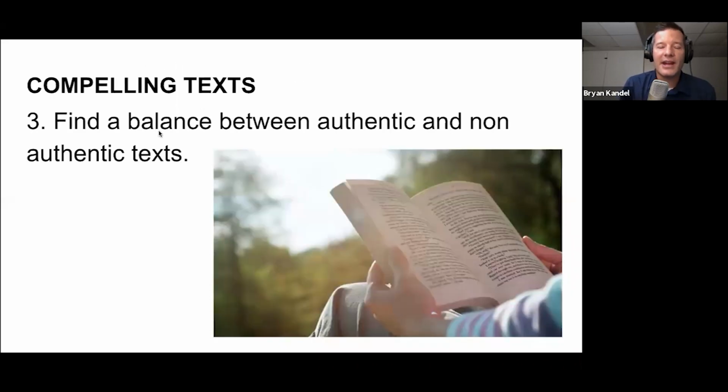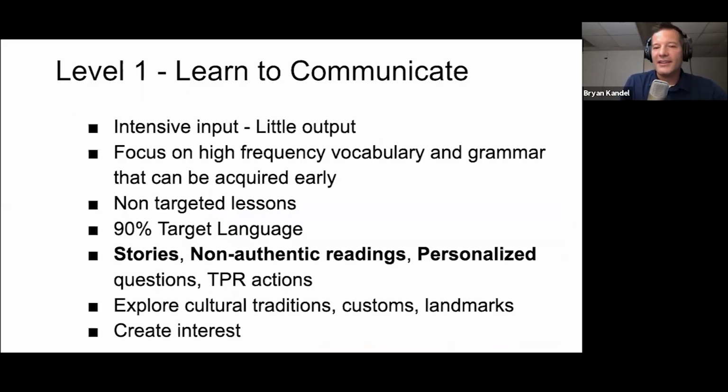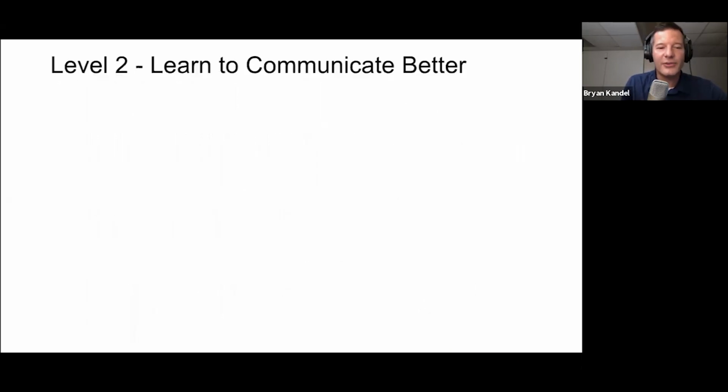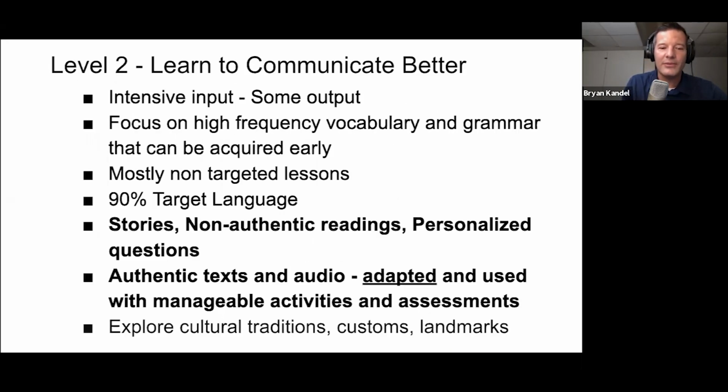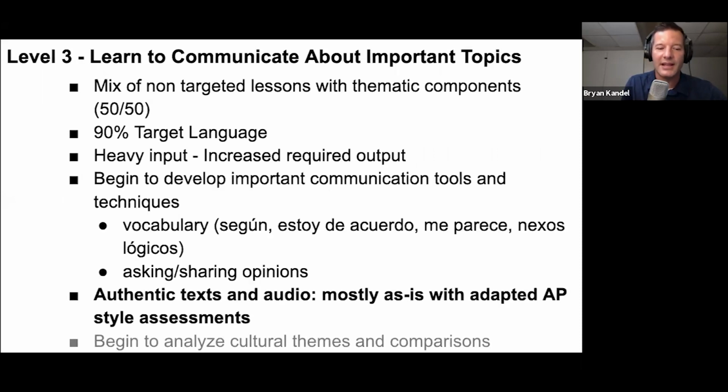I have here, and I'm not going to spend a lot of time on this right now. You can look at these slides later. I have my ideas of what I like to see happen in levels 1 through 5. As you can see, the amount of authentic text that we read and how we adapt those increases as we go level to level.